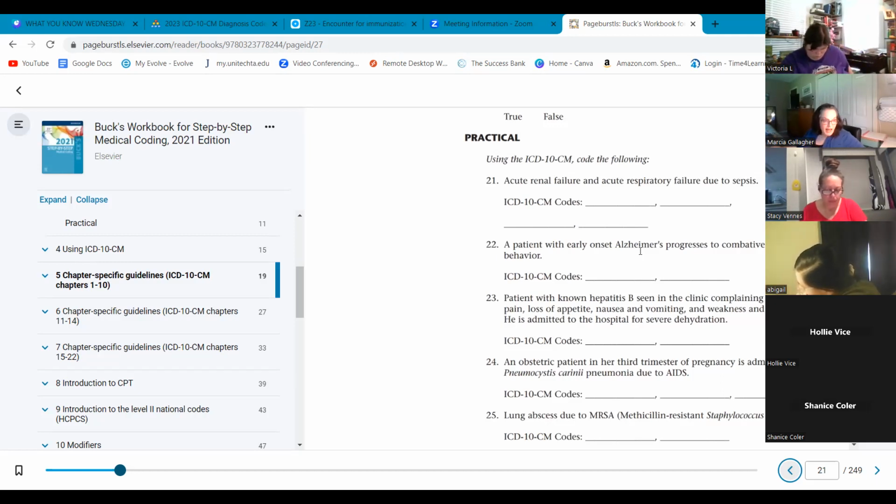Well, because she has combative behavior, is that going to be behavioral disturbance? So let's look at F02.80 and make sure that that is the correct disturbance. On page 774.